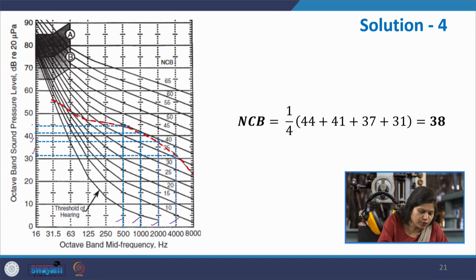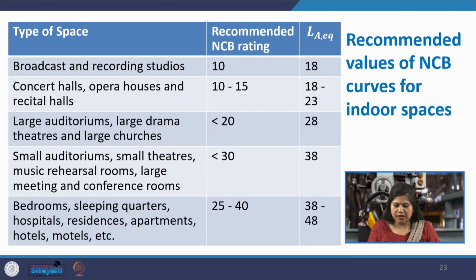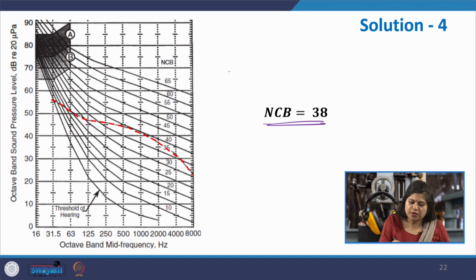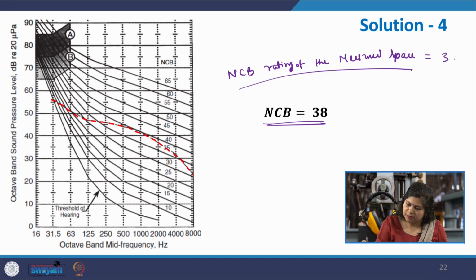So, you find these values, do their arithmetic average, and you get the NCB rating of this environment. So, this becomes the NCB rating of the measured space. It is simply 38. You can write decibels or you can just omit decibels, both mean the same.